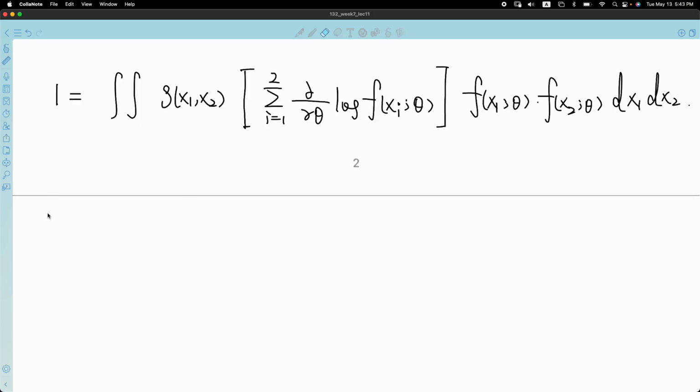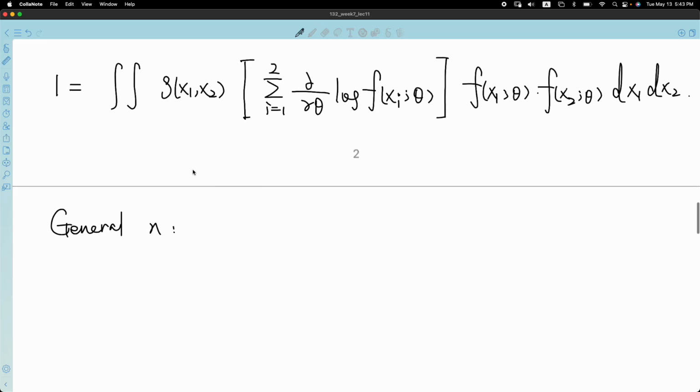Let's generalize to n data points. So for general n, I'm just going to use this expression here. For the general n case, for n data points, you still have the left hand side equal to 1, except that your estimator is estimated from the data points all the way to xn.